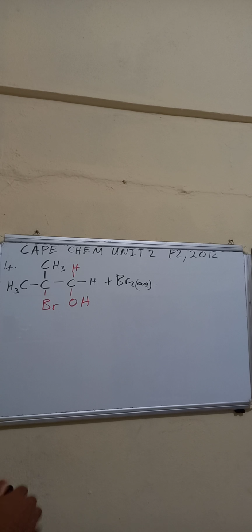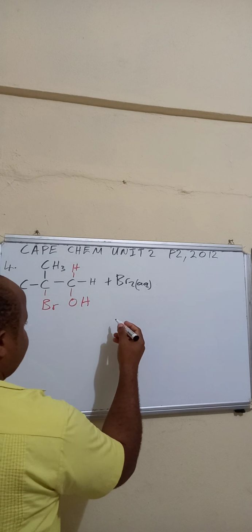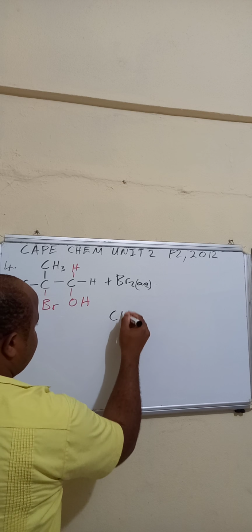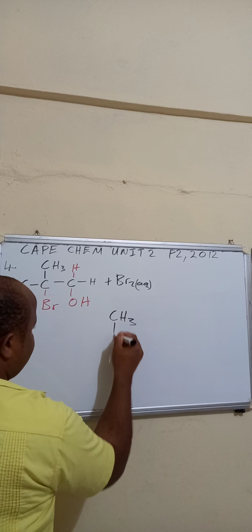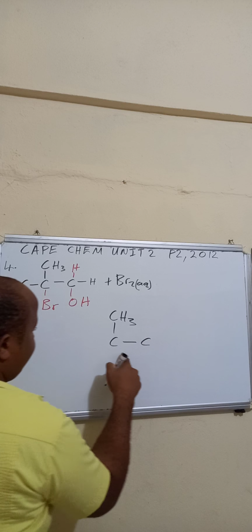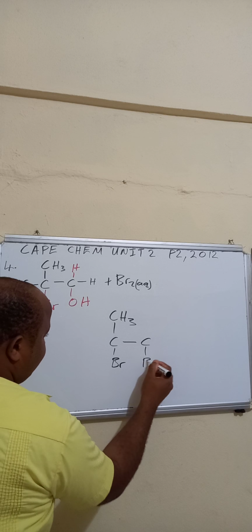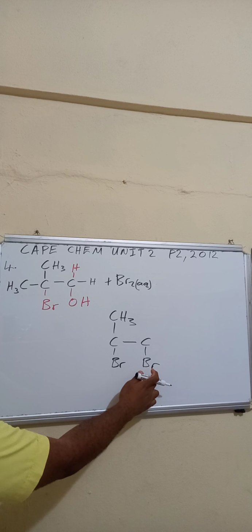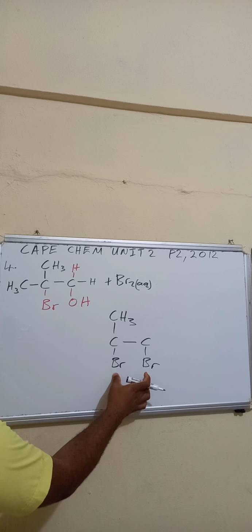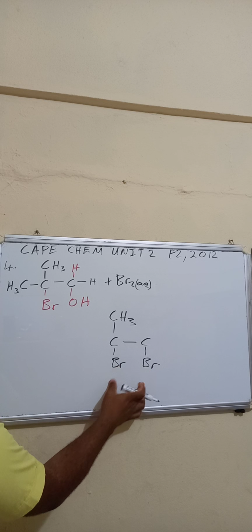If it was liquid bromine, then when the double bond breaks, you will add 2 atoms of bromine. So if it's liquid bromine, you will get 2 bromine atoms.